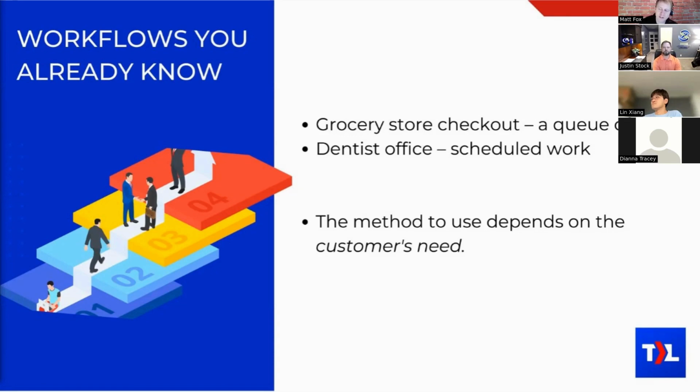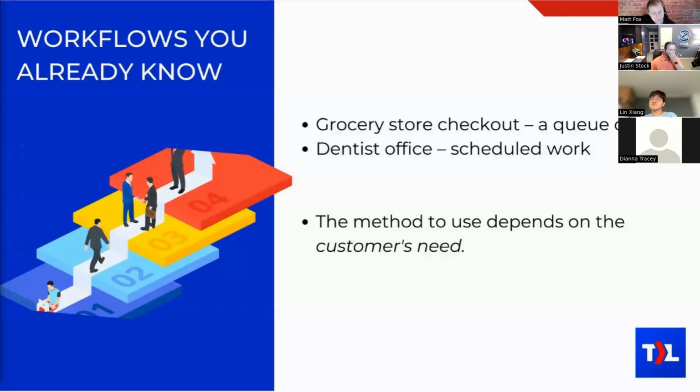One is just consider how work flows in a grocery store. I don't know if this is how they do it in Australia, but here in Canada, when you're ready to check out with your cart, you would usually see they have more than one checkout counter, and you just pick which one you want to go to. You line up, and eventually you get served. That's just a queue of work.